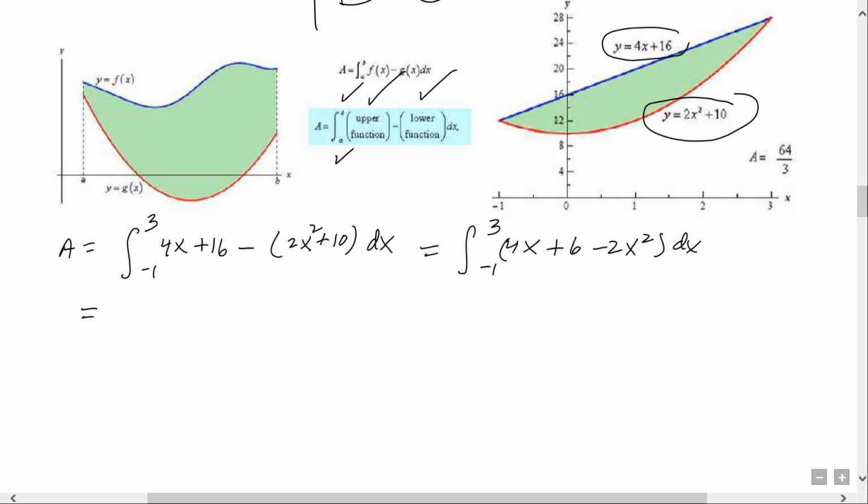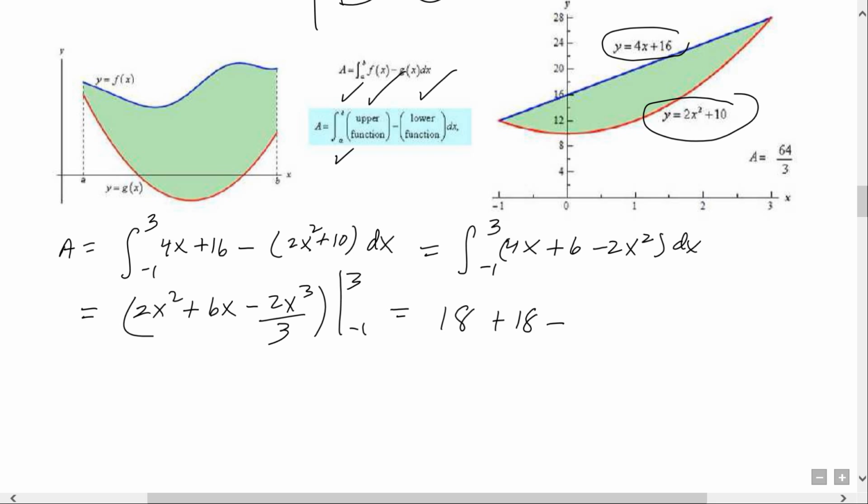And we get, as the antiderivative, 2x squared plus 6x minus 2x cubed over 3, from minus 1 to 3. Plugging in, we get 18 plus 18 minus 18 for the 3.